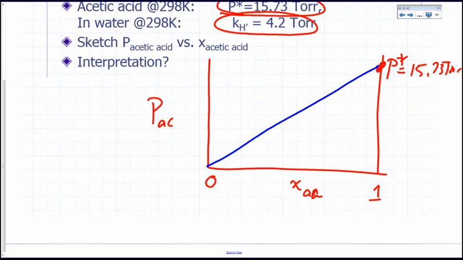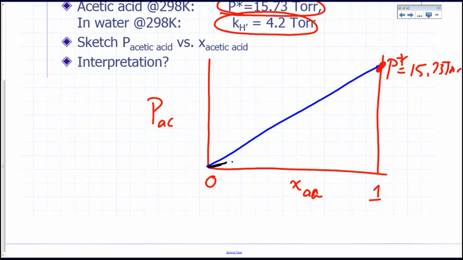Now, if you have dilute solutions of acetic acid in water and you measure the partial pressure of acetic acid in the vapor, you'll find that it has a negative deviation from Raoult's law. In other words, this is what you'll find, right here.